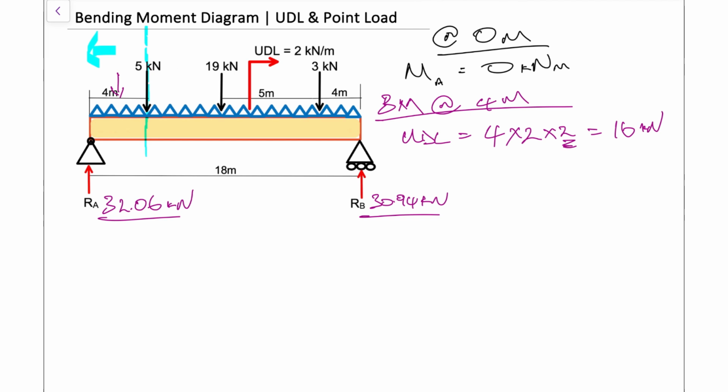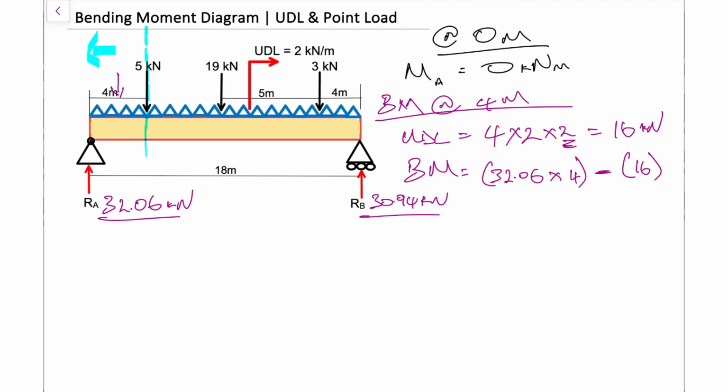So in terms of the bending moment now, at that point, all we're going to do here is our reaction force, which is 32.06, multiplied by the distance of that reaction force to our blue line, which is times 4. And what we're going to subtract now is the UDL that we just calculated, which is our 16 kilonewtons right there.